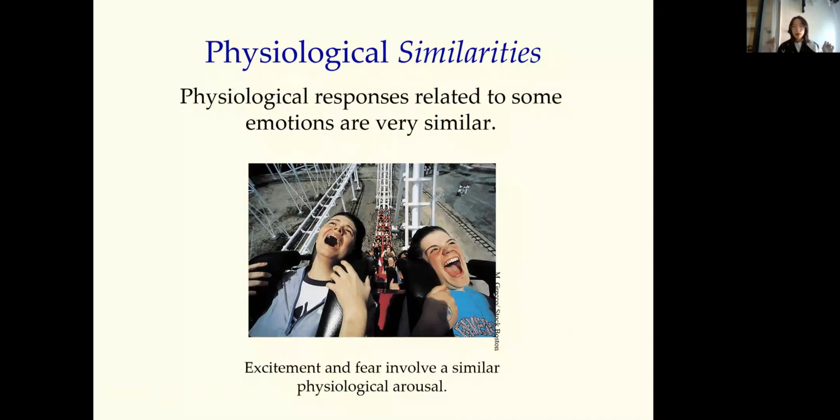So if you're going to tell what a person feels according to the physiological reactions, we can't distinguish between excitement and fear because their physiological reactions are very similar, and sometimes they're exactly the same.